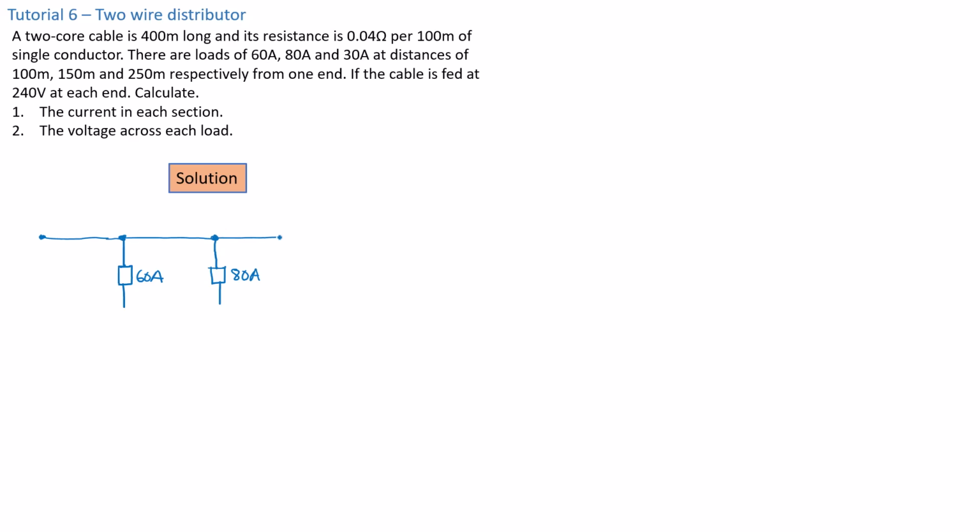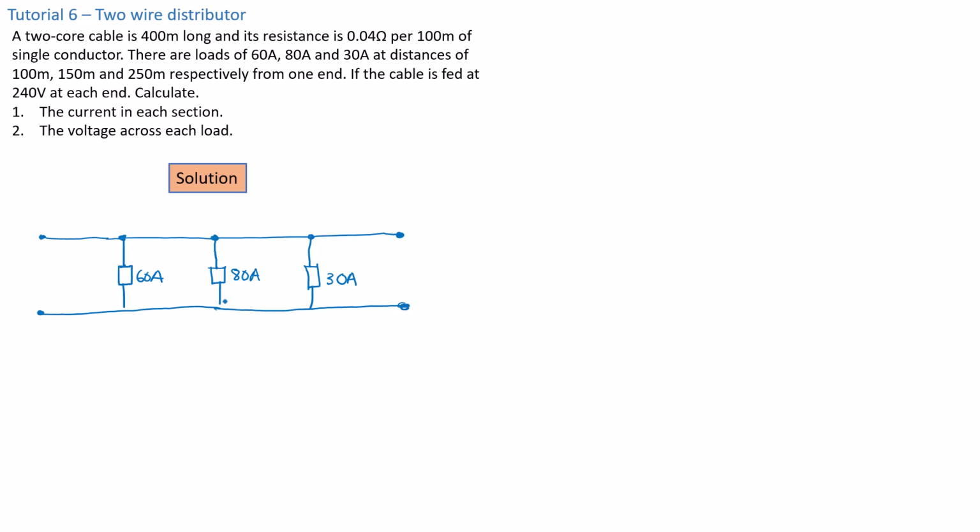Then we move again and there is another load of 30 amps. Since this is fed from both ends, there is going to be another supply from this side. But it is a two-wire distributor, so we can just put a second wire in our circuit.